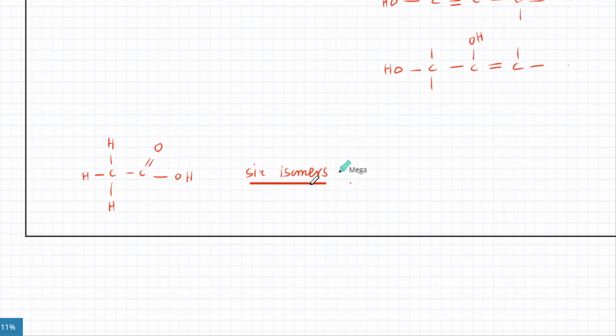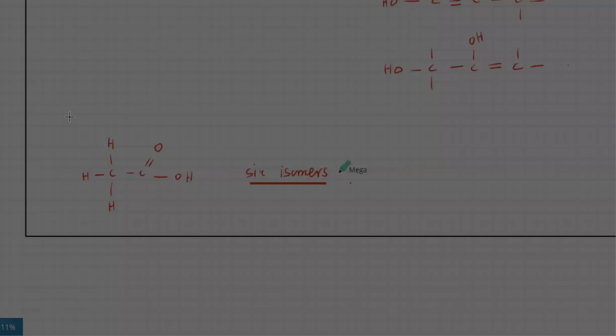You have to draw 6 structural isomers, and each one is going to be either a positional, a functional group, or a branch isomer. You can make a cyclic one, so you can do whatever you like, as long as 2 carbons, 4 hydrogens, and 2 oxygens are in the molecule, and as long as it's a proper structure. You're free to rearrange this. So that's your assignment. I'm going to post it in Google Classroom, okay? 6 isomers.